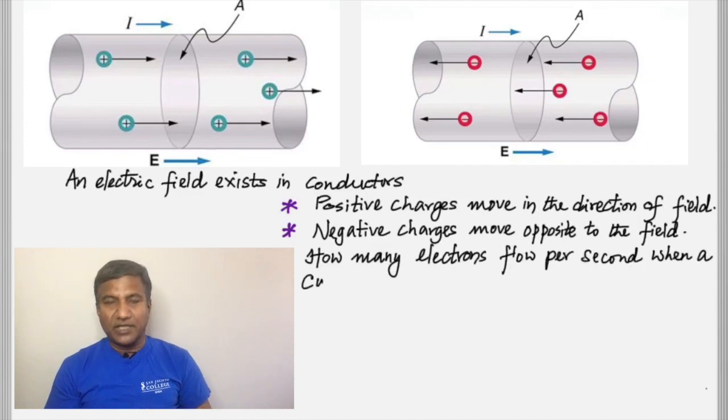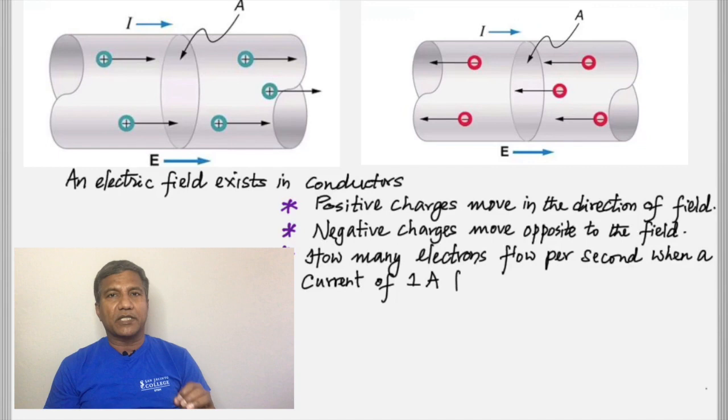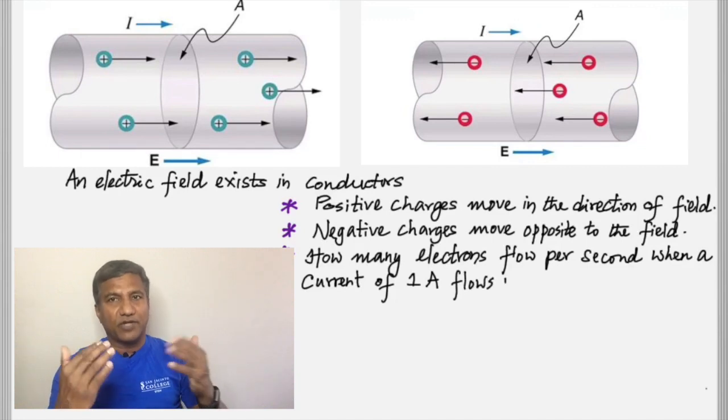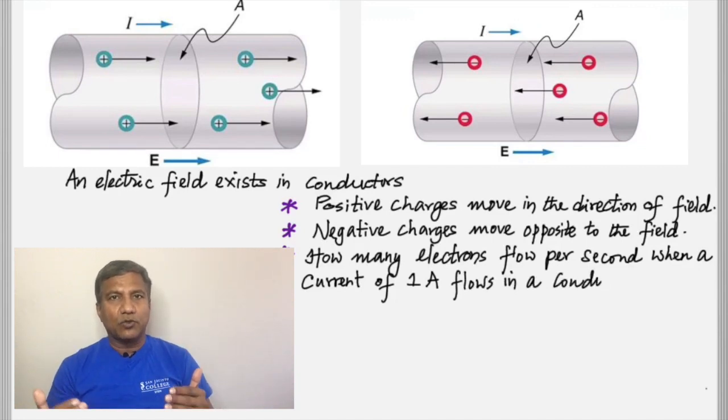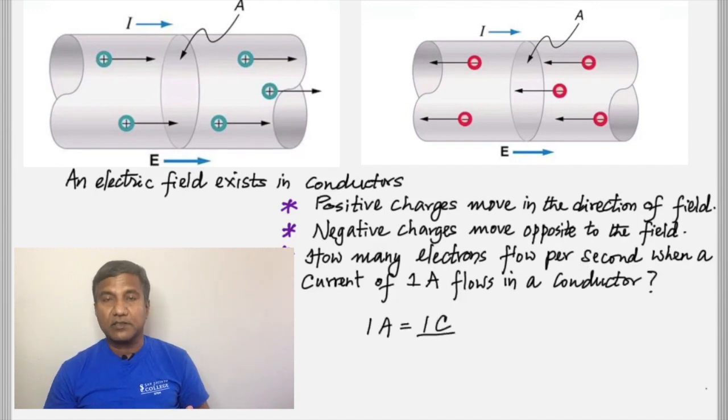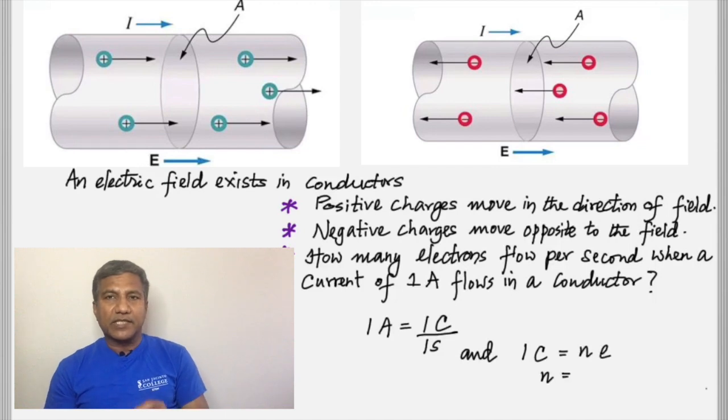Now, in order to do that, we start with the basic formula of current, which is current is charge divided by time. And because we're looking at 1 ampere, it's 1 coulomb per second, and 1 coulomb is a certain number of electrons multiplied by the charge of the electron.